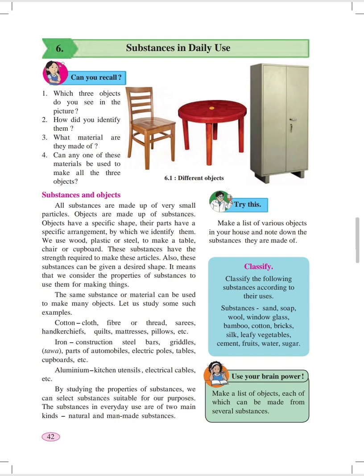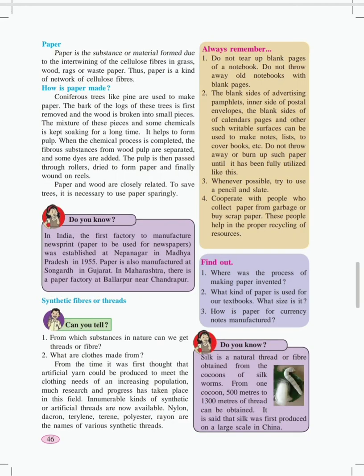Let's understand what synthetic fibers or thread are first. We all are aware of silk cloth. We are also aware of wool cloth. Yes, wool thread. These are all obtained from natural animals in our surrounding, in the environment.